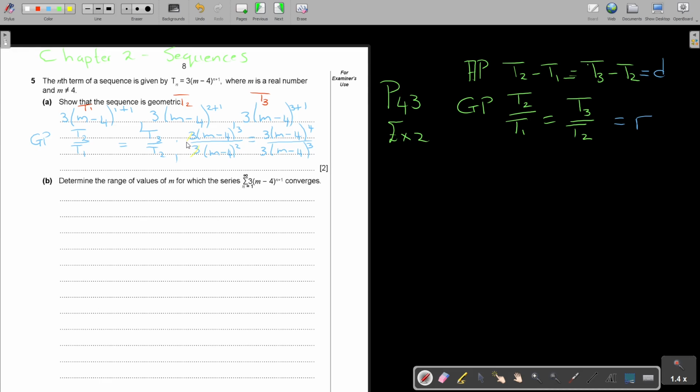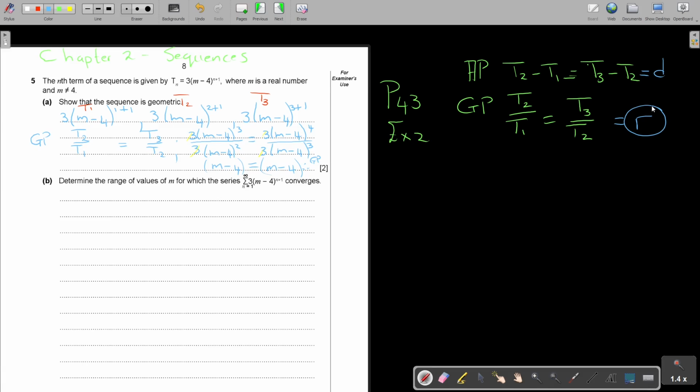That's 3 minus 2, so the 3's cancel. But what will be left is m minus 4. I'm rather going to write it like this for you. So the bracket will be m minus 4, because in the bracket, 3 minus 2 is 1, and that is equal to m minus 4 on this side also, and that is therefore a GP. And don't forget that the value of m minus 4 is also going to be your value of R.